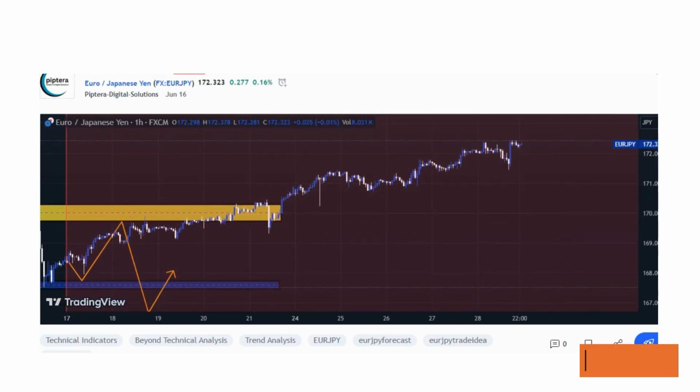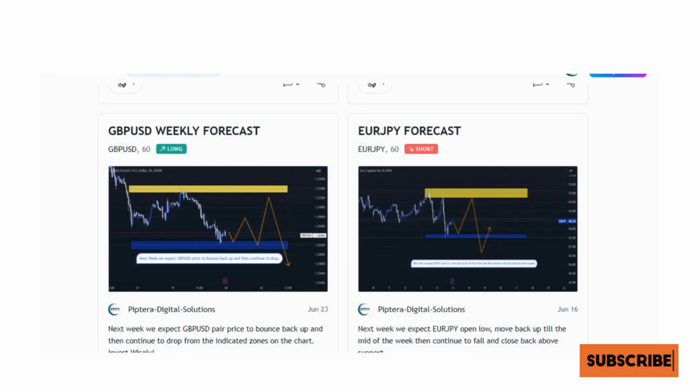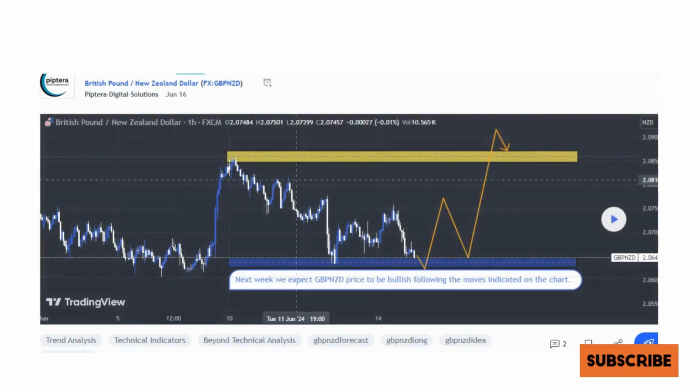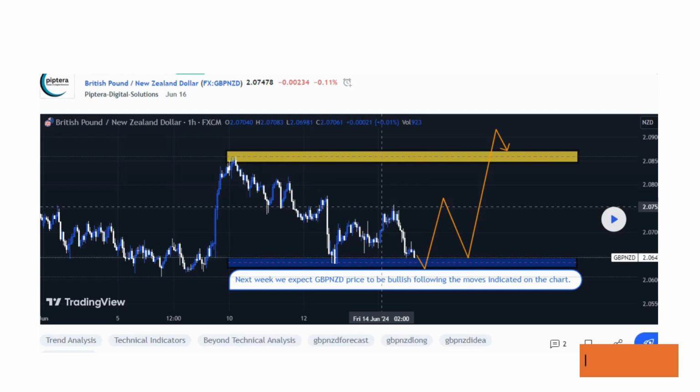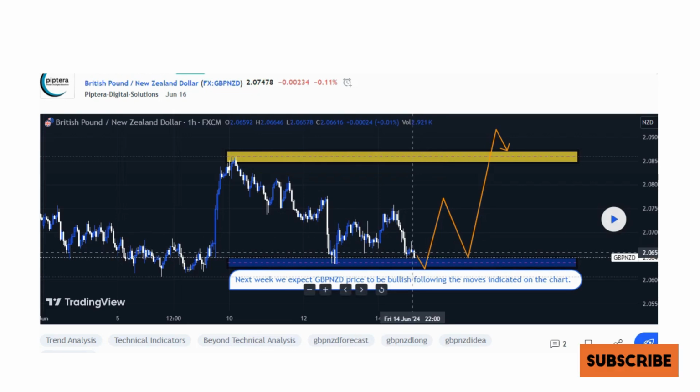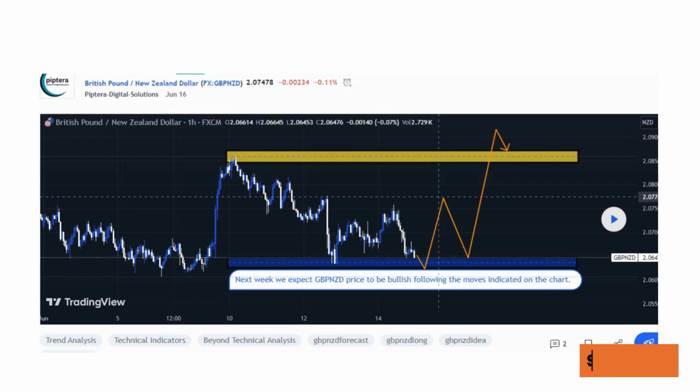Let's go to another pair. Another pair is GBP New Zealand dollar. Our expectation was to see the price being bullish following the move indicated on this chart. We expected to see the price opening low here near this support zone, come up halfway, and then drop back to reach the support zone and continue to go up from there. Let's see what happened.